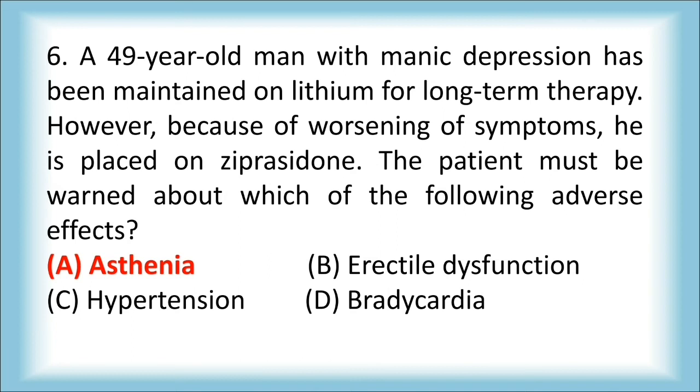In some cases it can also alter our vision, that can cause impairment to our vision. Okay, so the major side effect, that is asthenia, can also cause hypotension as well as tachycardia. Okay, so here the correct answer is option A, asthenia.